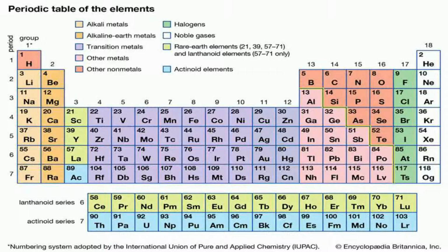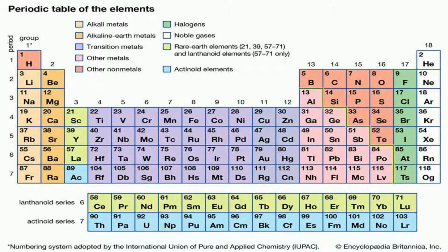What is the expected electronic configuration for molybdenum? 4d5 5s1. Right. Accordingly, the element with atomic number 74, tungsten, represented by W, wolfram.